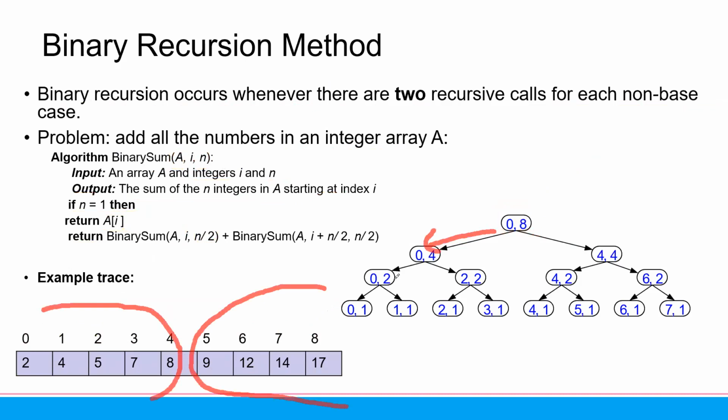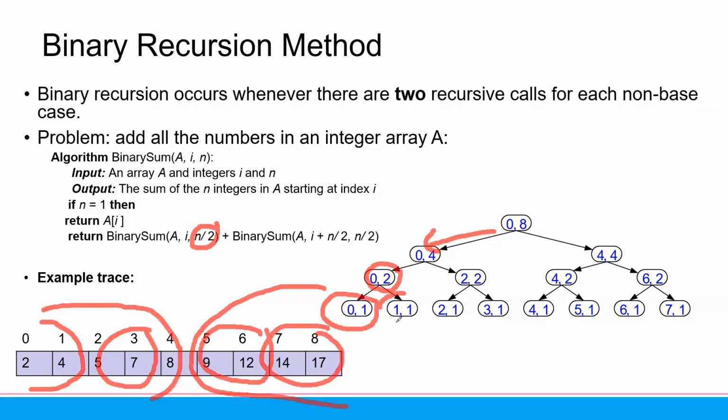And then we will split again to half of the numbers. So we split this one and this one, and for the right side, we split this one and this one, until the lowest one, and then we can do the summation. We sum all the numbers in this array.